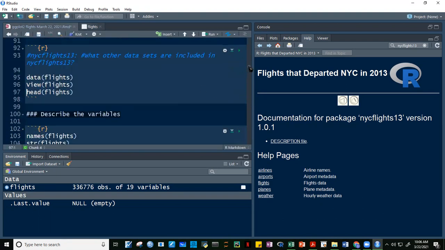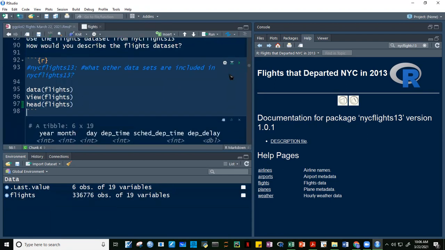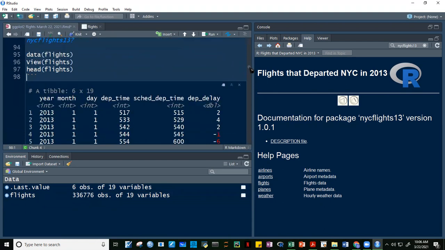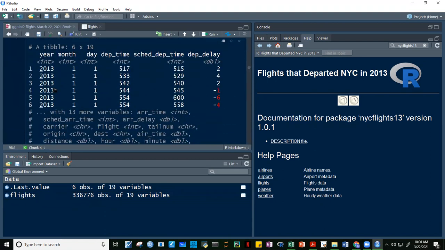Okay, so before we look at the variables, let's look at the first 6 elements of our data. Head. Okay, so this is our first 6 elements: the year, month, day, departure time, scheduled departure time, departure delay, etc. With 13 more variables.